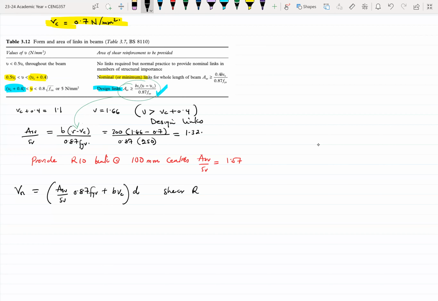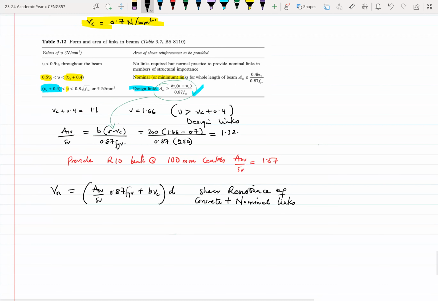Okay. Shear resistance of concrete and nominal links. Okay. I have explained extensively what this is in the previous videos, okay?